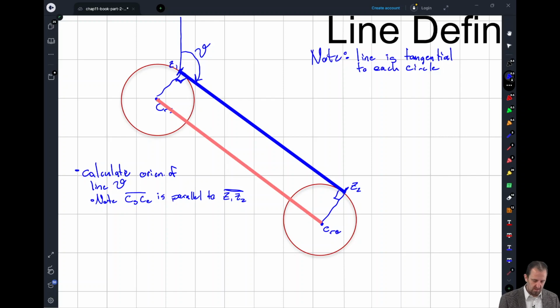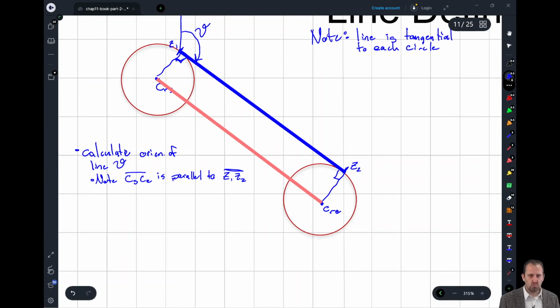This is really great because we already know what our starting and ending centers are. Because the line is parallel, it's going to be the same angle, var theta.